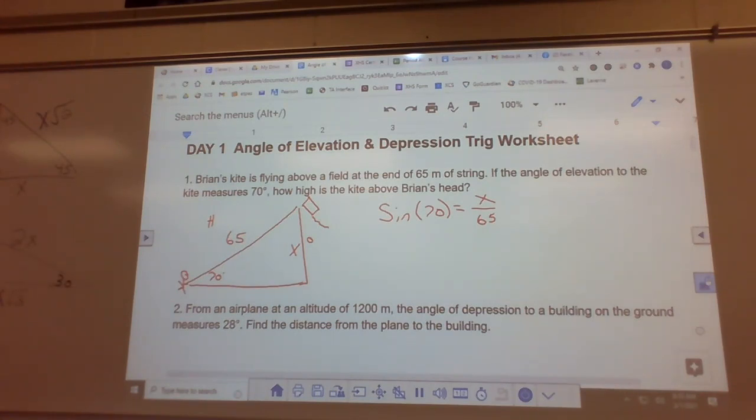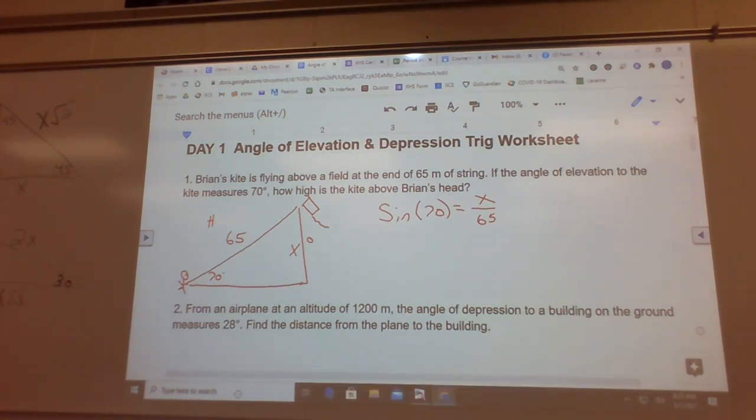So the tricky part of any word problem is just to visualize what's going on. Once you get a picture down, you just work through it. So I want to solve for X, so what's my next step? I don't want to do division.